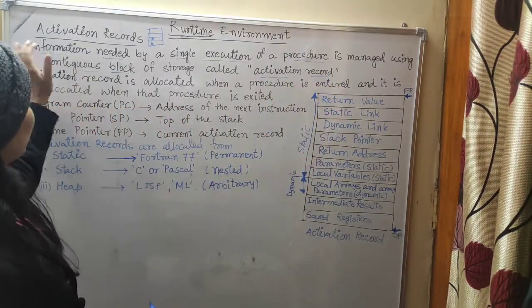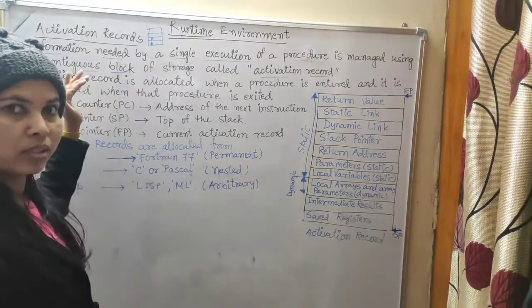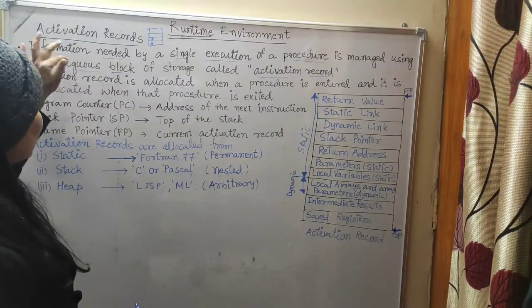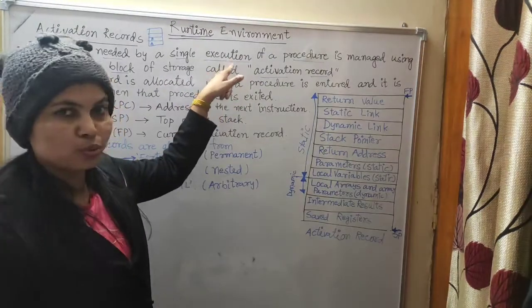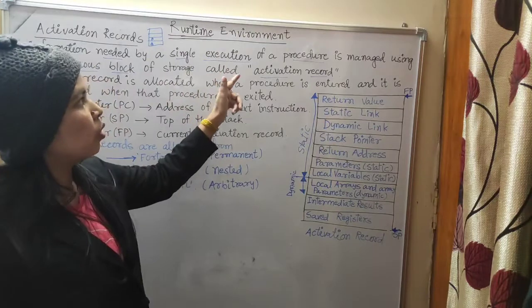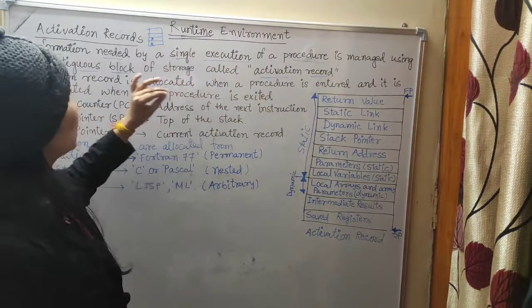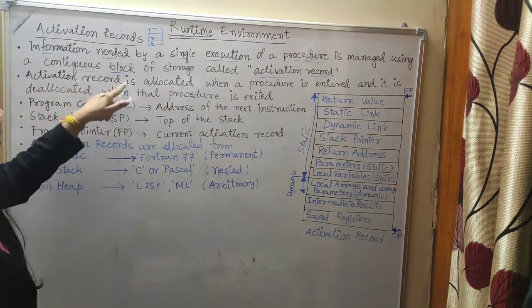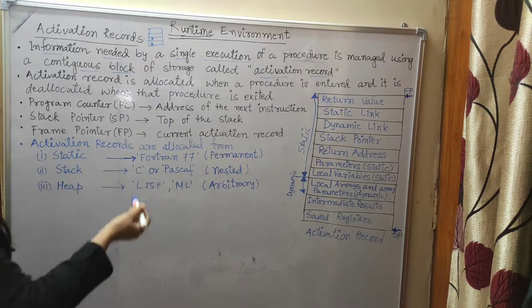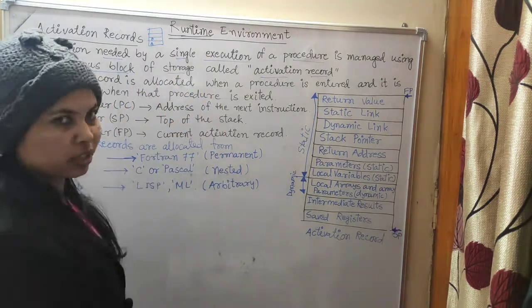The information needed, which is the variables and temporary variables, is the information needed by a single execution. Whenever we execute a procedure, it is managed by using a contiguous block of storage called an activation record.